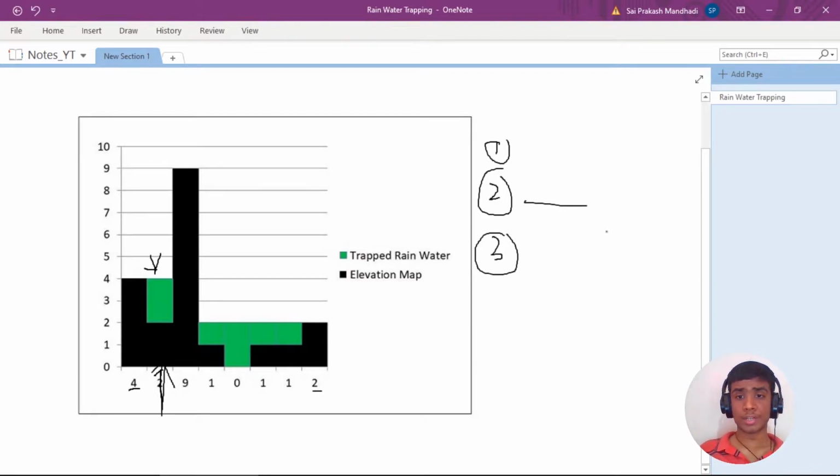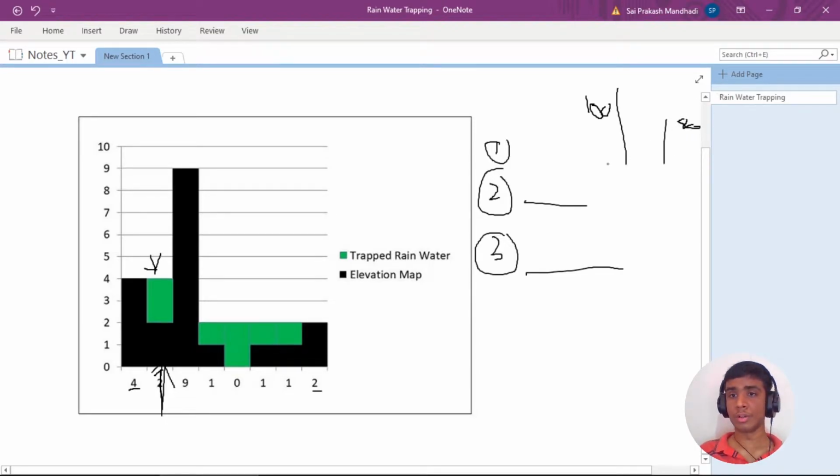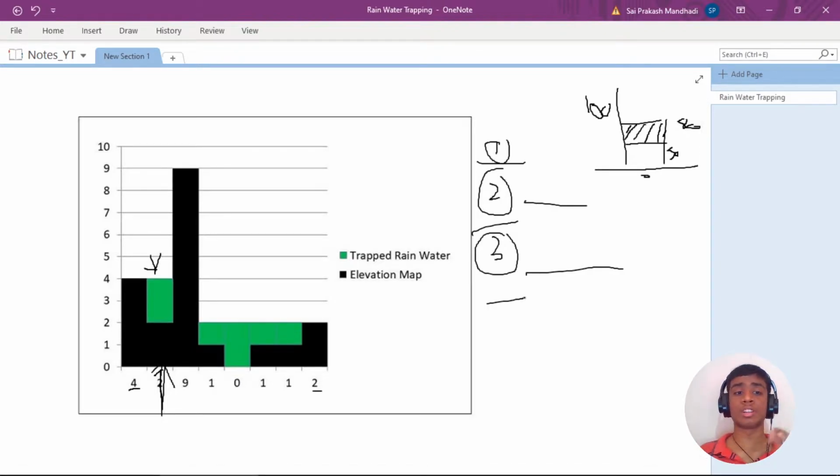The third thing is what is your current elevation. From our example, this is 100 meters, and this is 80 meters. If your present elevation is 0, then you can simply assume that there are 80 units of water. But what if you are at 50 meters of elevation? Then the water that is being stored is only 30 meters, right? So these are the 3 points. Point number one is to find the elevations to your left and right, because these elevations decide whether the water is being trapped or not.